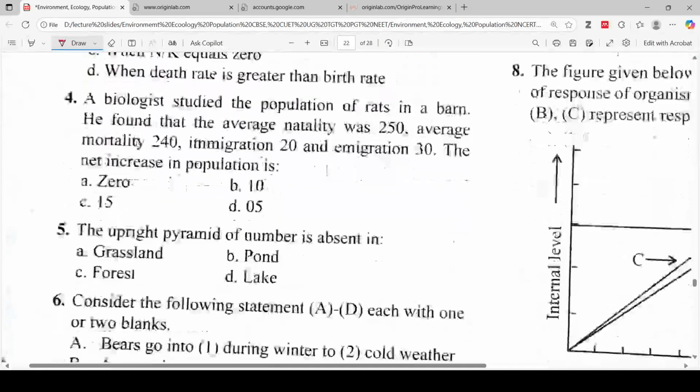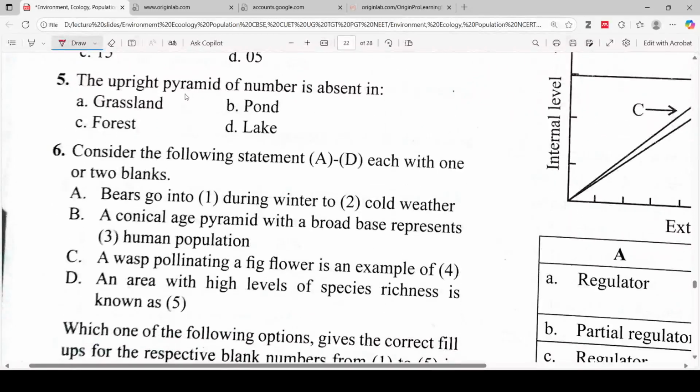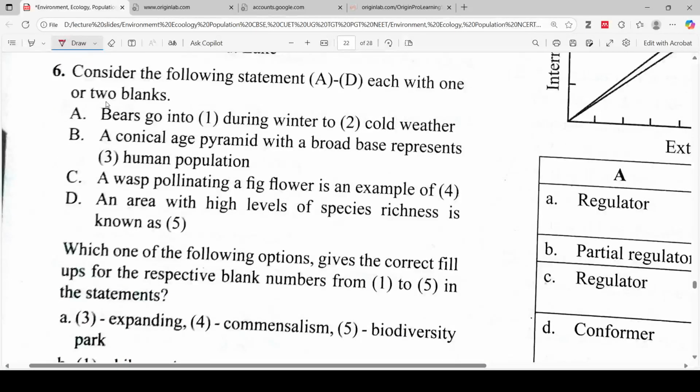Next question, a biologist studied a population of rats in a barn and found the average mortality, immigration and emigration, and the net increase in the population is, the correct answer will be A. Next question, upright pyramid of numbers is absent in option C, forest. Consider the following statements with blanks.